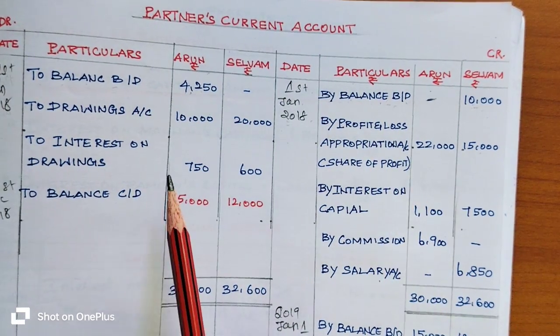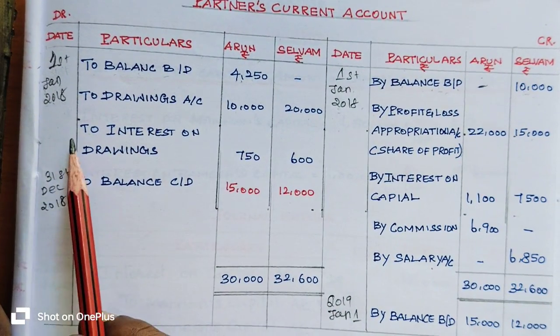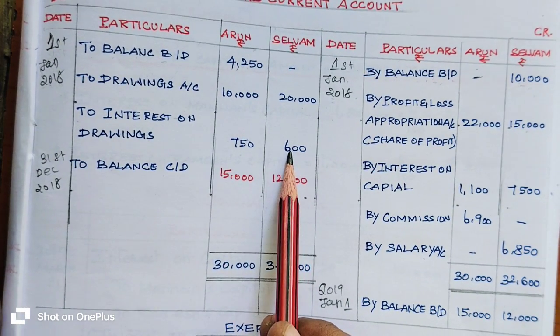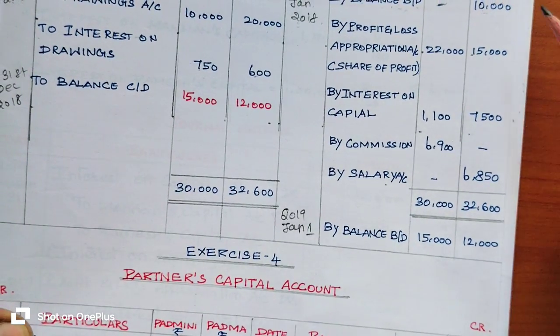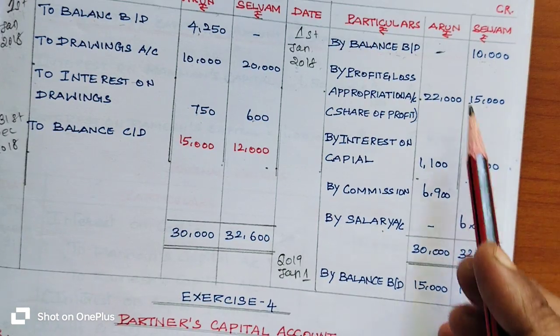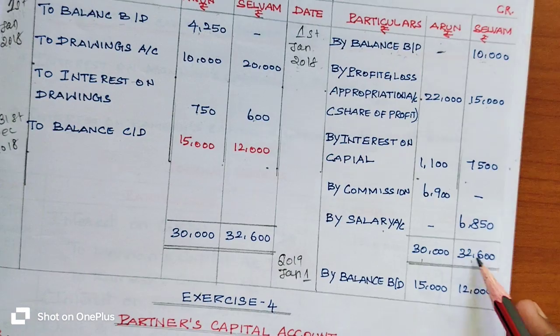Then to drawings account 10,000 and 20,000 respectively, to interest on drawings 750 rupees and 600 rupees respectively entered on debit side. Then we have the higher value on credit side. So you get the total: Arun's total is 30,000 and Selvam's total is 32,600.